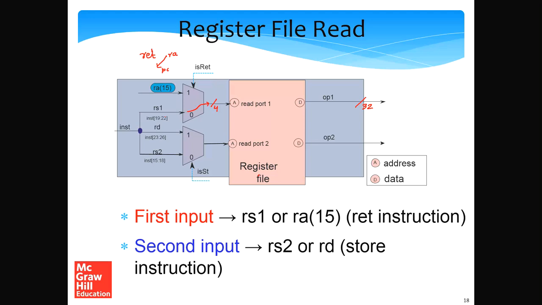All right. So once again, what does this multiplexer do? It chooses between RS1, which is the first source register, and 15, which is the default source for the ret instruction. And mind you, the ret instruction does not need RS1, so we can get away with this. This goes to the address port of the read port 1 of the register file, and then we read the data out, and this value we will refer to as OP1.